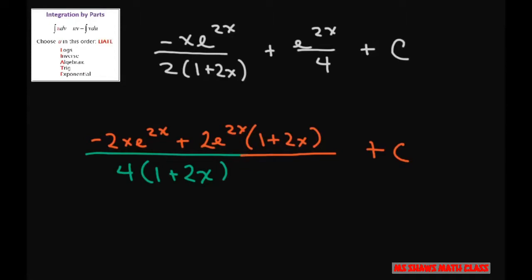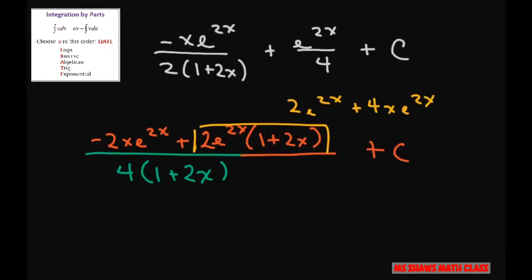So when you take care of all of this, what I can do is just distribute. If you distribute here, if I take just this part here, that's going to be 2e to the 2x plus 4x e to the 2x.